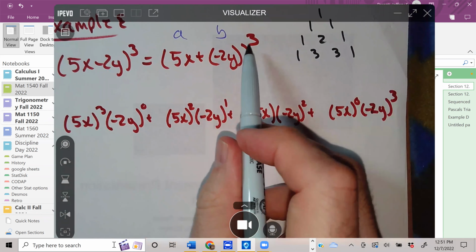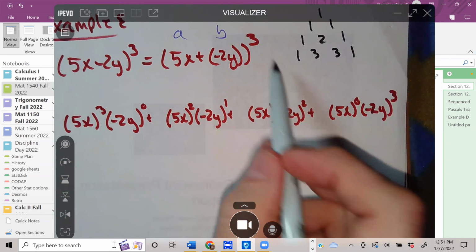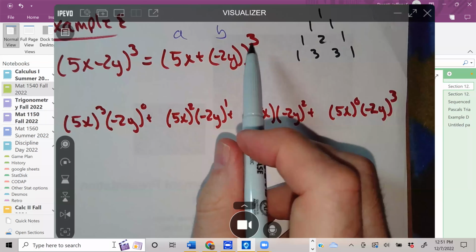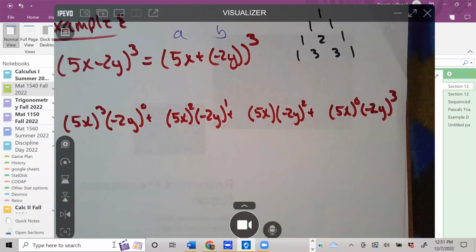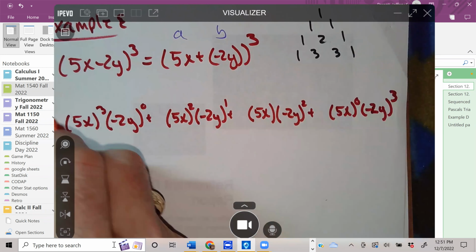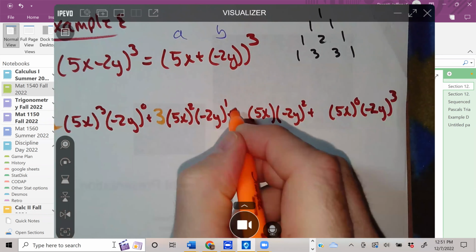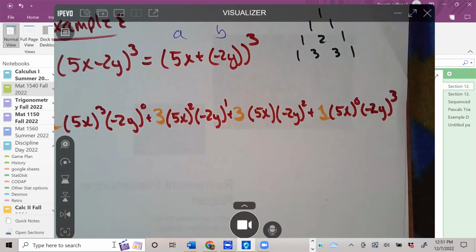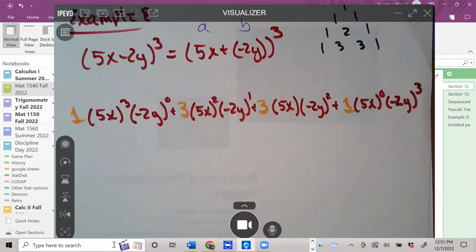If you have something to the fourth power, you're going to have 5 terms. So this number helps you decide how many terms you're going to have. My coefficients here across are going to be 1, 3, 3, and 1. So this will get you partial credit if you get this far. But of course, I'm going to want a little bit more here.